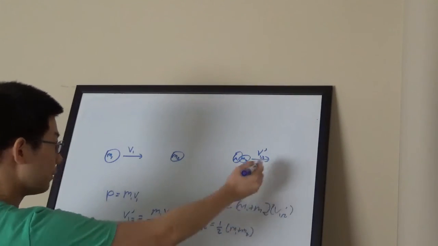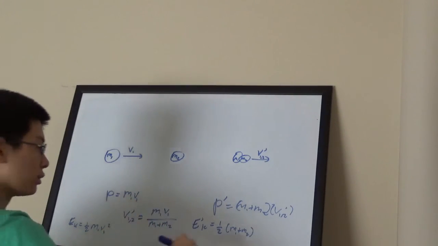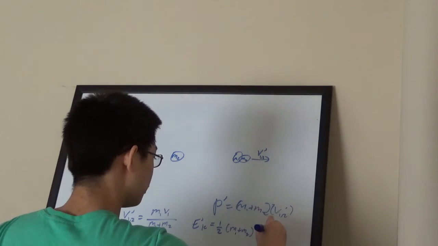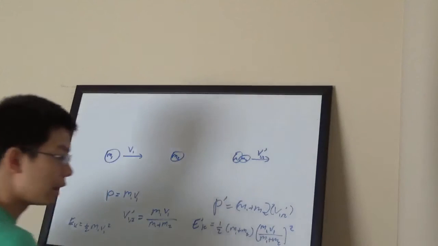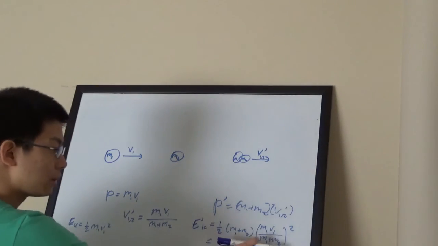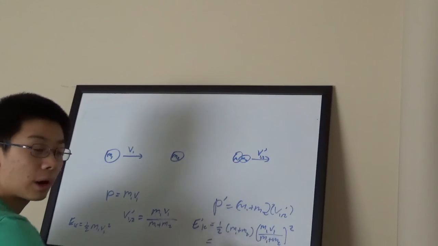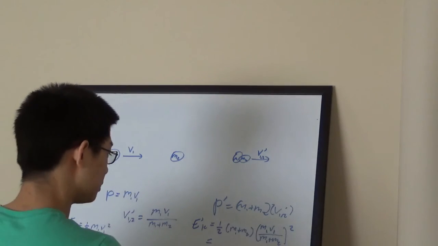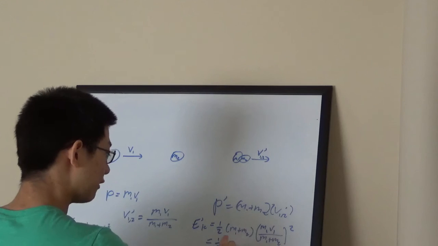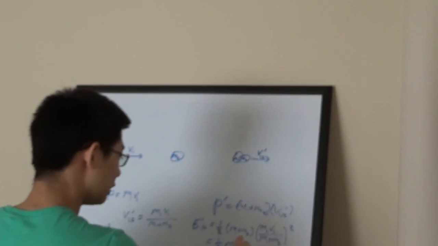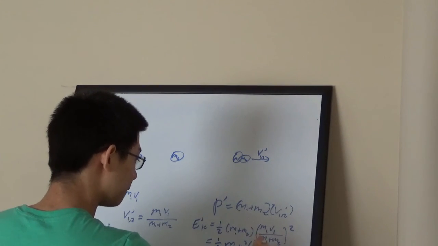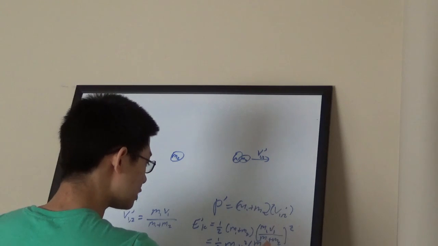So this is the velocity, but we can also write it as this, so we'll square this instead. So that's m1 v1 over m1 plus m2 squared. If I just do a bit of rearranging, m1 plus m2 over m1 plus m2 squared is just 1 over m1 plus m2. I can actually just write this as 1/2 m1 v1 squared times m1 over m1 plus m2.